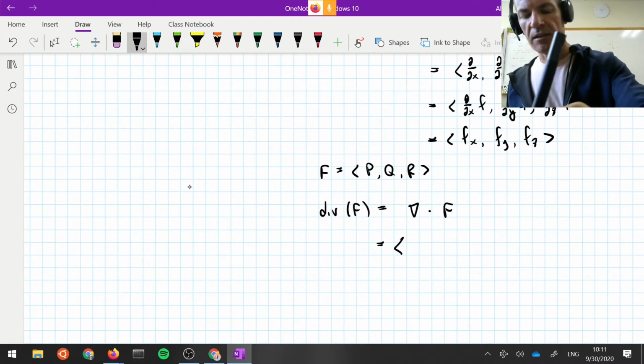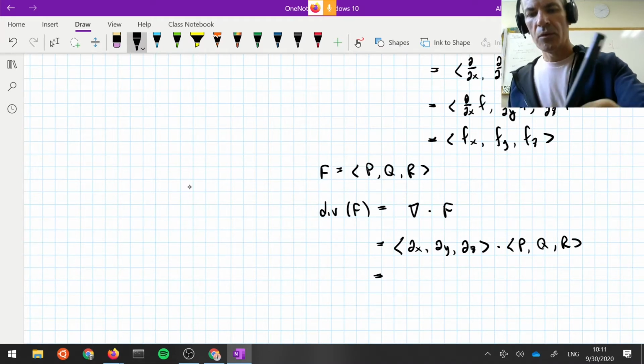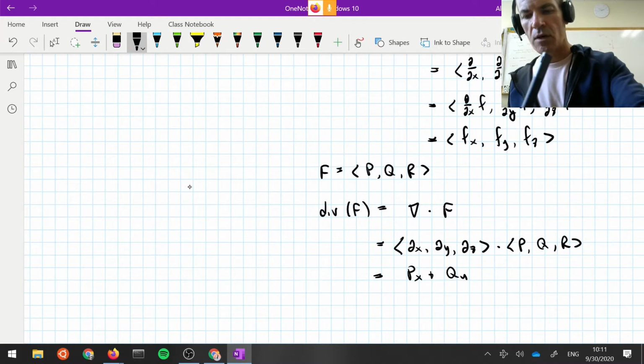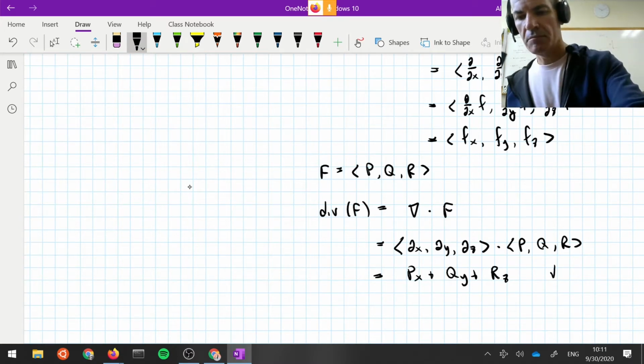Again, I'll write it out longhand. I'm going to shorten these partial derivatives to just look like this, dotted with P, Q, and R. We do that dot product and we get P sub x plus Q sub y plus R sub z. And this is the divergence.